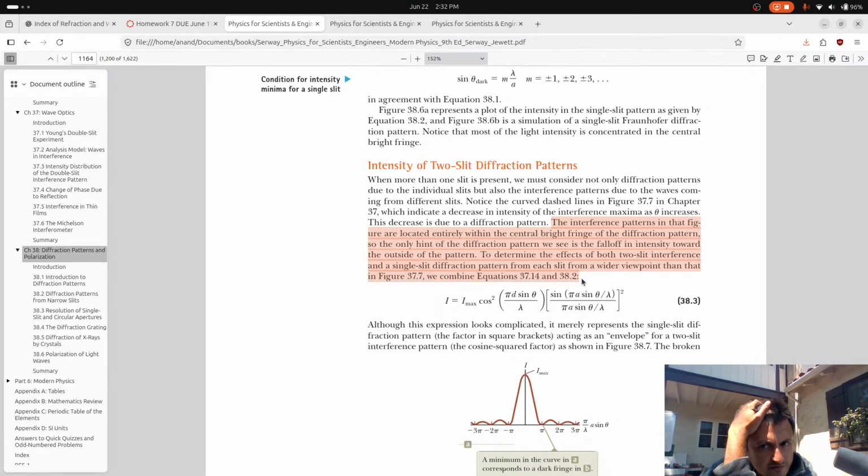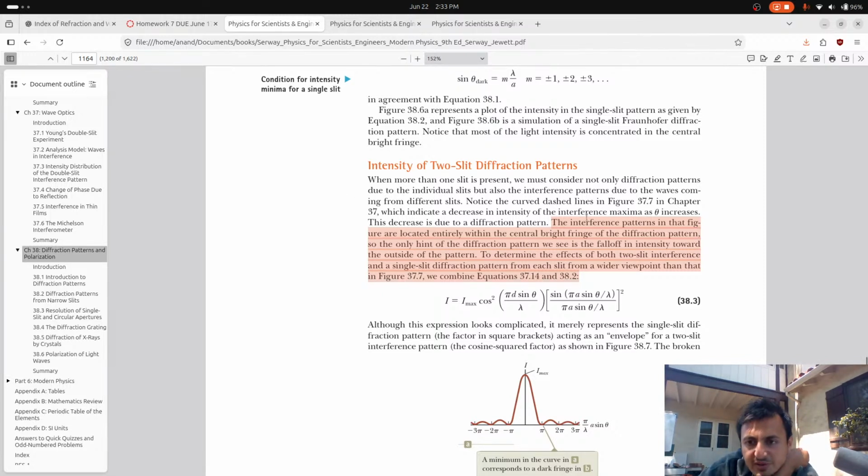Notice the curved dashed lines in that figure, which indicate a decrease in intensity of the interference maximum as theta increases.